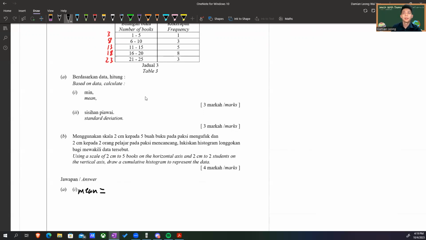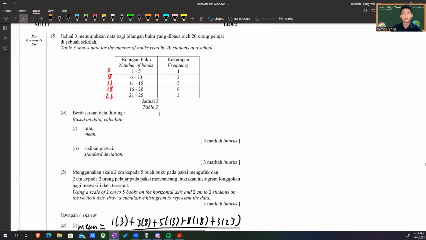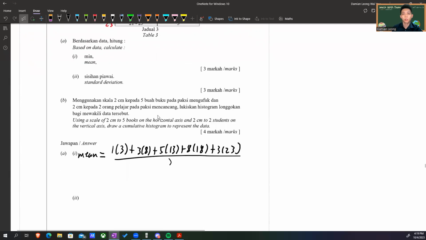So mean will be sum of frequency times midpoint, 1 times 3 plus 3 times 8 plus 5 times 13 plus 8 times 18 plus 3 times 23, divide by total frequency, which I'm given 20 because 20 students.